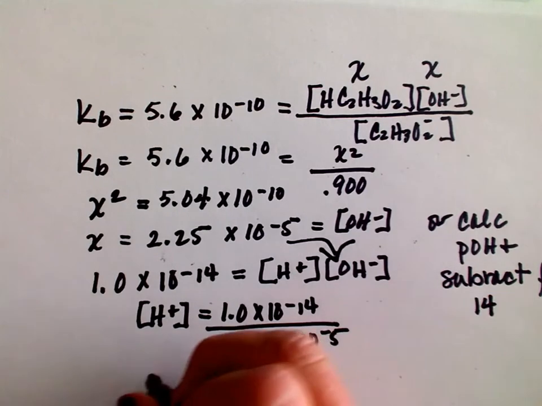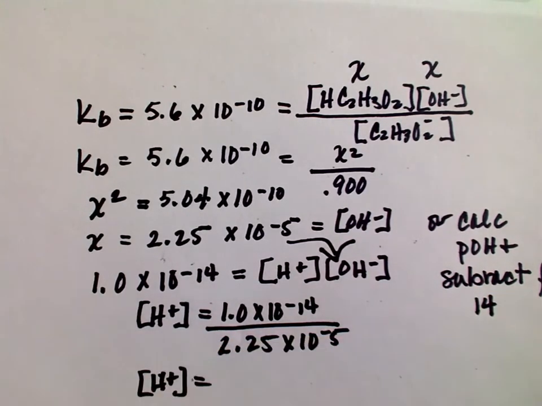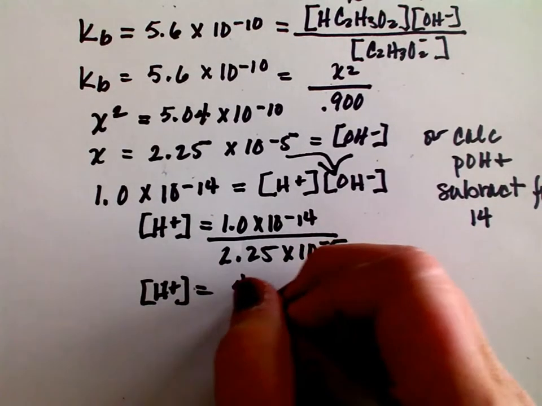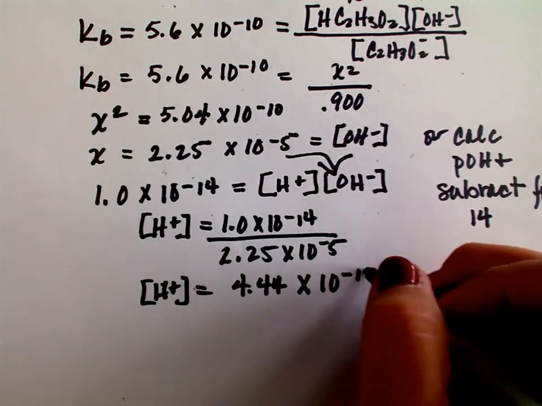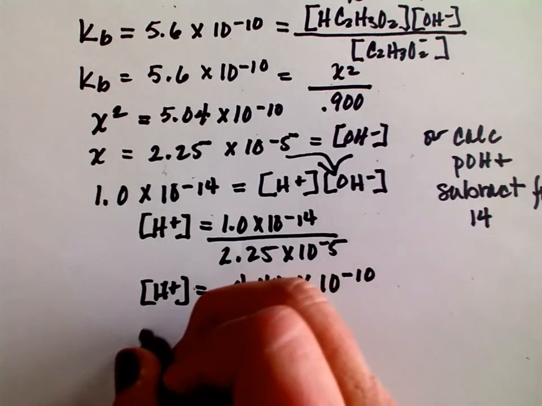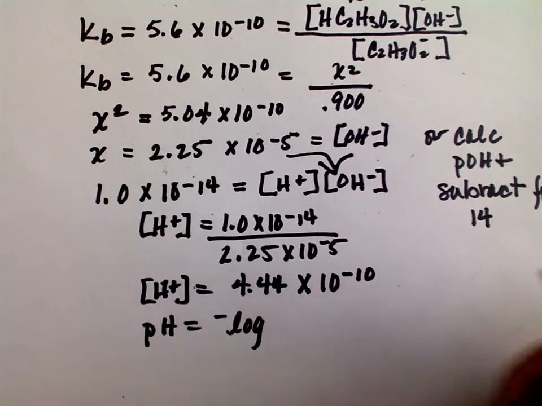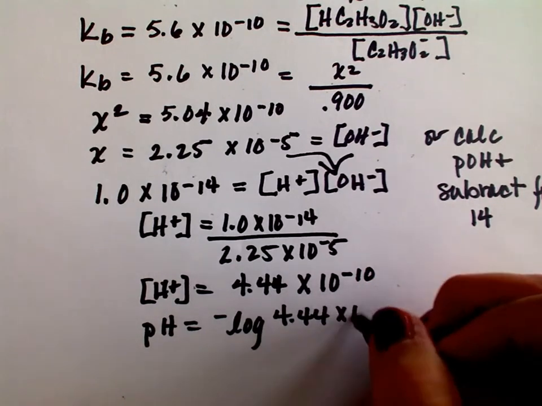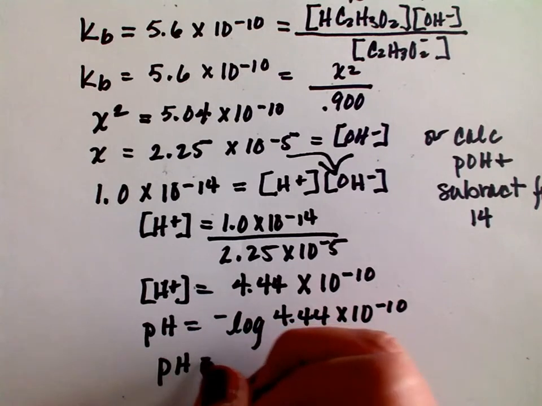Hydrogen ion concentration equals 4.44 times 10 to the negative 10. And pH equals negative log of that concentration. And our pH equals 9.35.